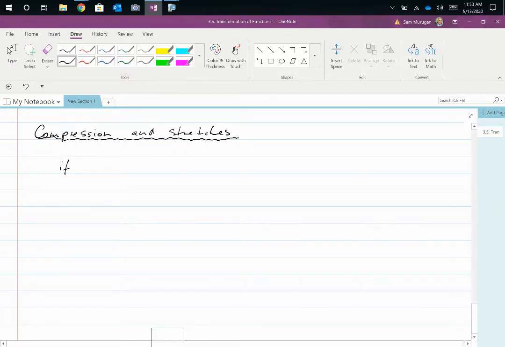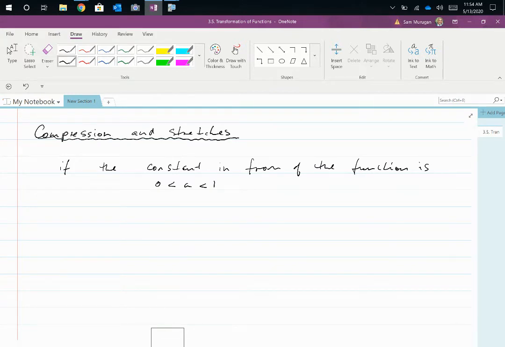So if the constant in front of the function is between 0 and 1, in other words, it's a fraction between 0 and 1, the graph is vertically compressed.